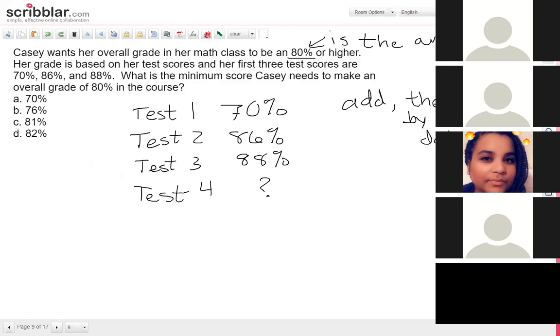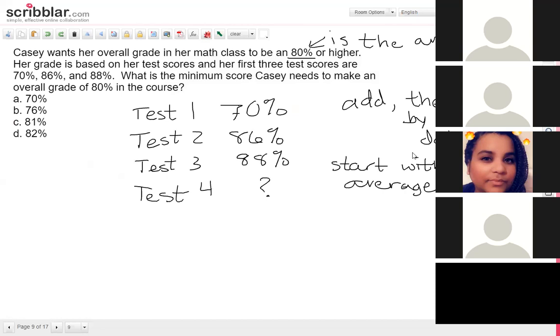Instead of adding, then dividing to get the average, we're starting with the average. And we have to go backwards. So what is the opposite of division? Oh, one person is already saying the answer, 81%. I don't remember. We're going to find out.